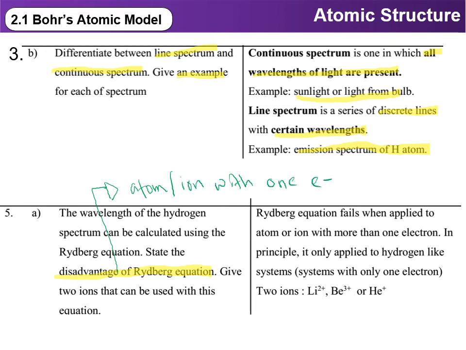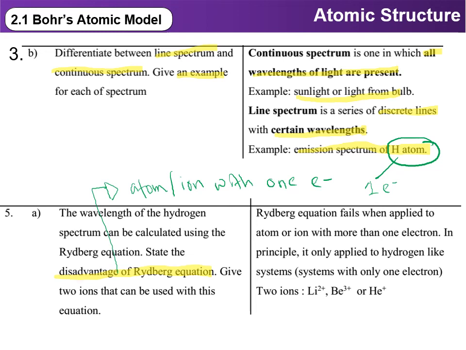This is why in the questions they always say hydrogen atom, because hydrogen is the only element with 1 electron only. But in reality, a lot of elements have more than 1 electron. That's why Bohr's postulate is only a reference.